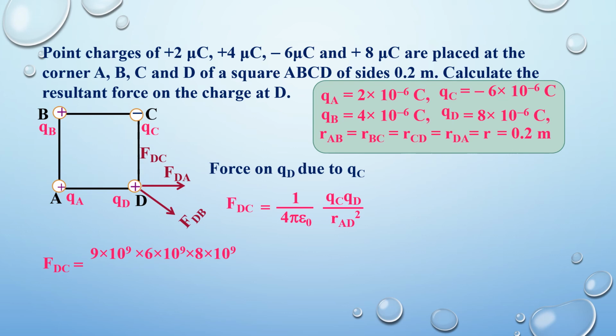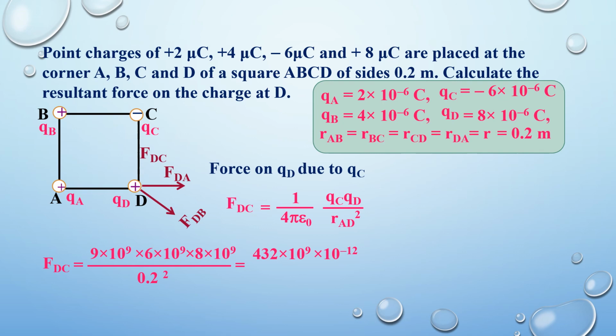It is given as 10^9 upon the square of the distance, which is 0.2 the whole square. Simplifying this, you will get 432 × 10^9 × 10^-12. I think this correction has been rectified here, so all of you please make a note of it.